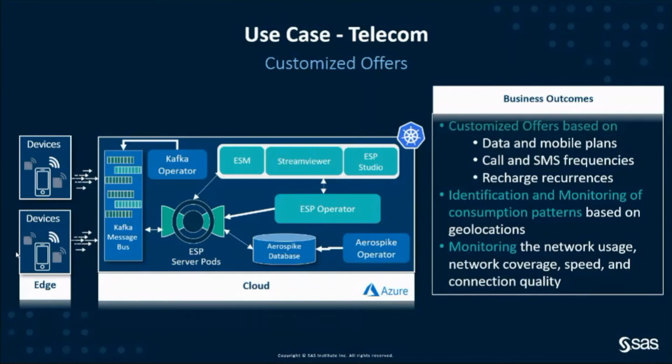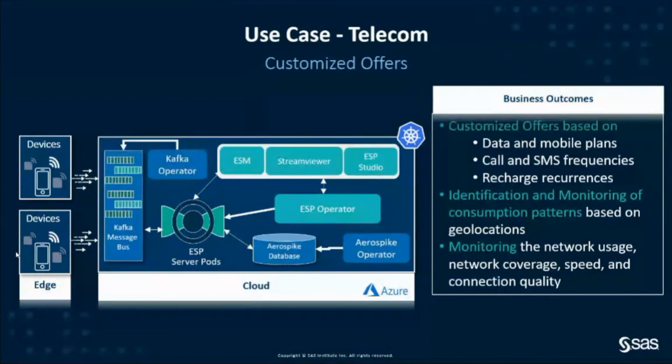At the same time, we were able to identify and monitor the consumption pattern, because we knew where the person is calling from and which network the person is connected to. We were also able to monitor the network usage, if we need to improve the network, if the speed is good, if the connection is good, and what the quality of the connection is.